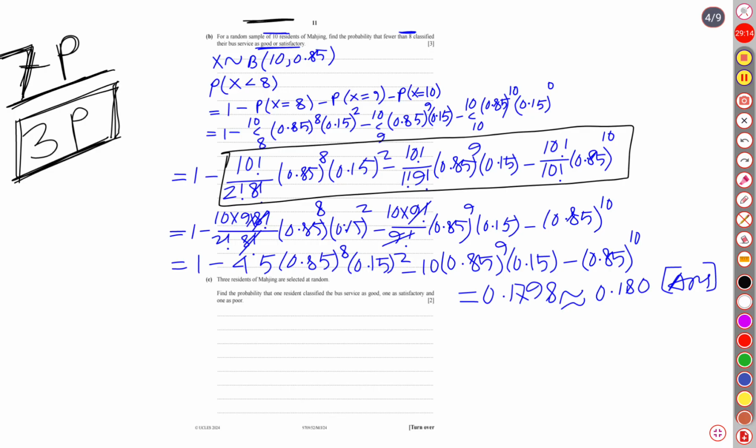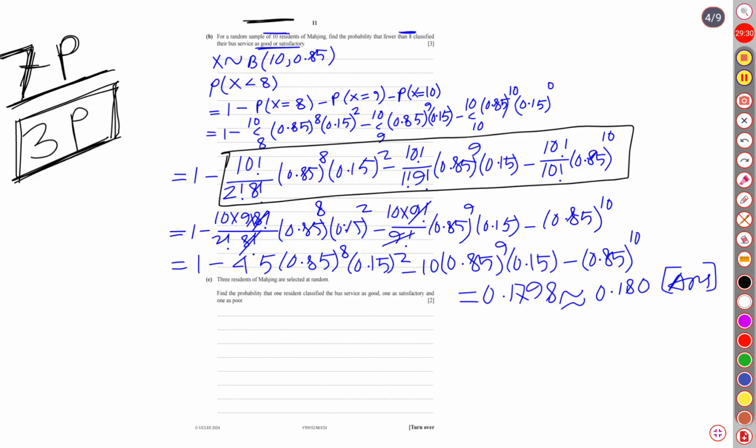After that, we have subtracted the sum of the probability of these 3 people from 1, and then we got the probability of 7 people who classified the service as good or satisfactory.